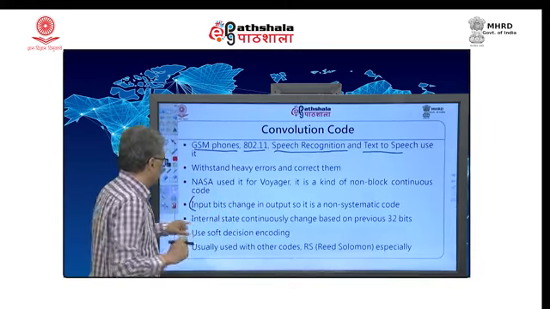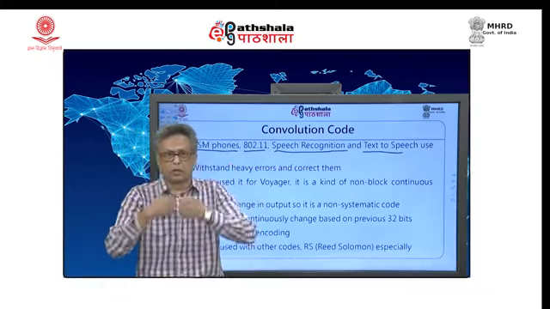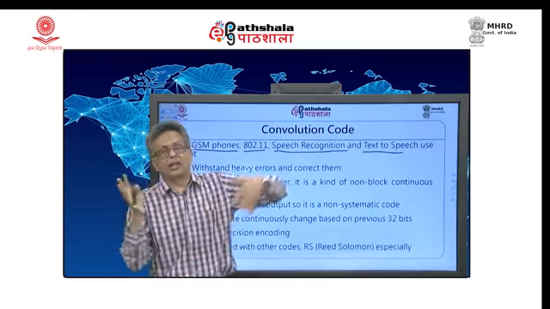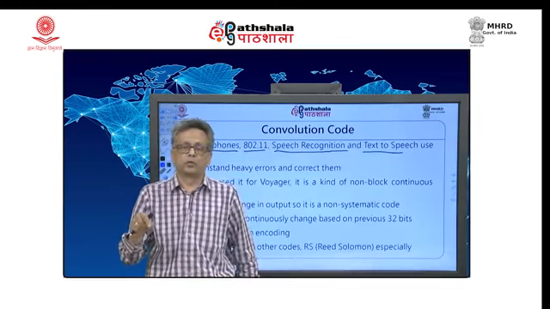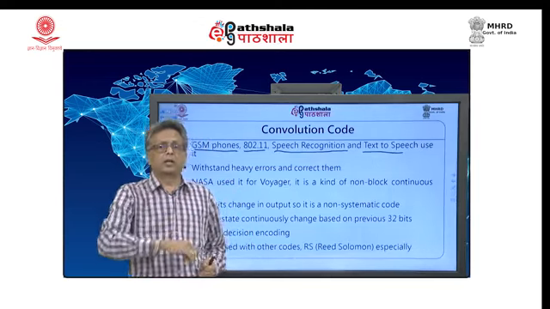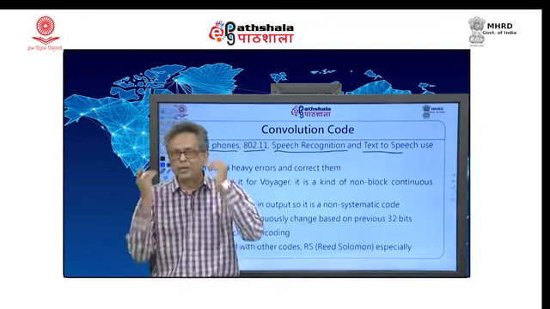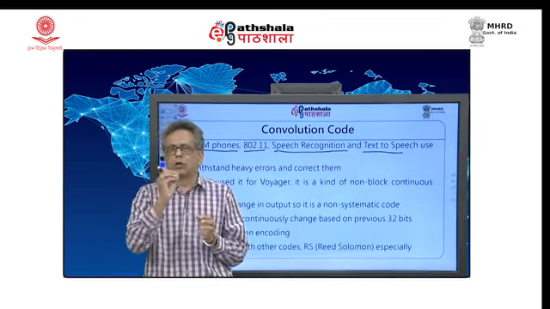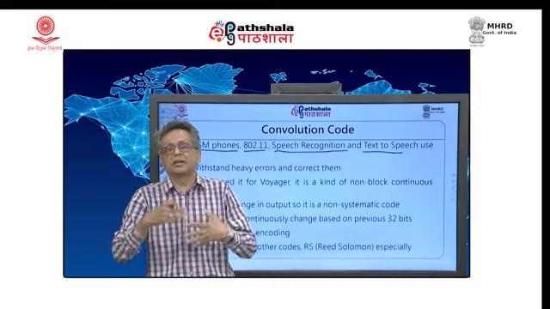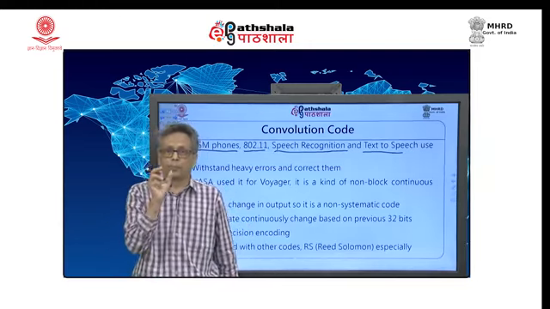Okay. One more thing is that it will not decide the output based on the input bit only. We will also look at the context to decide the output bit. Now, that is a very interesting thing. If you look at how somebody recognizes speech, you can understand. If you hear a word, you do not take that word only, you look at the context and determine what the speaker has spoken at that point of time.